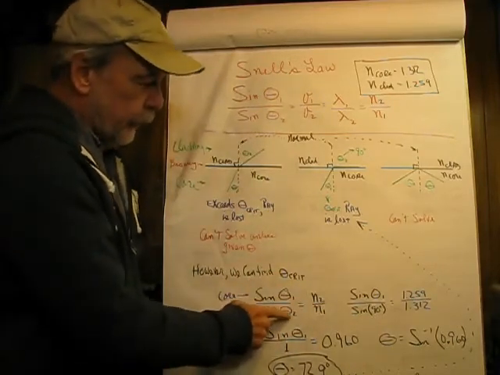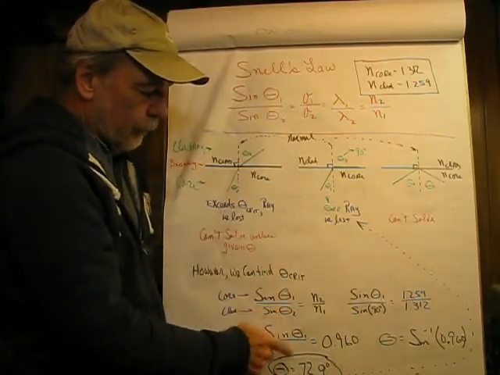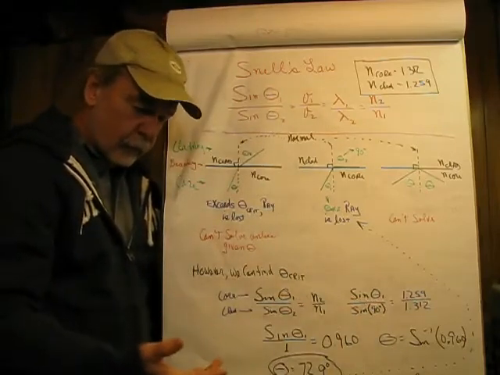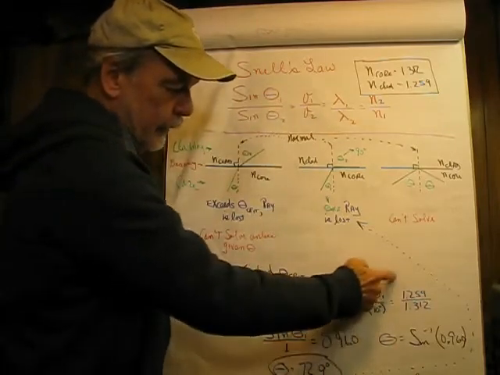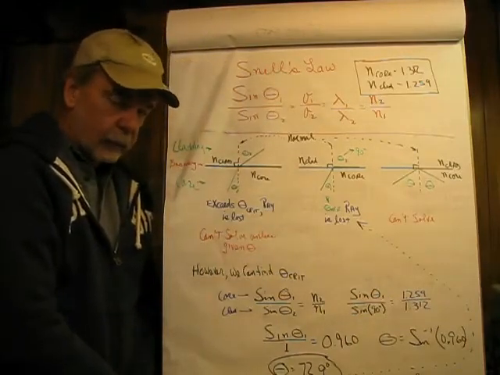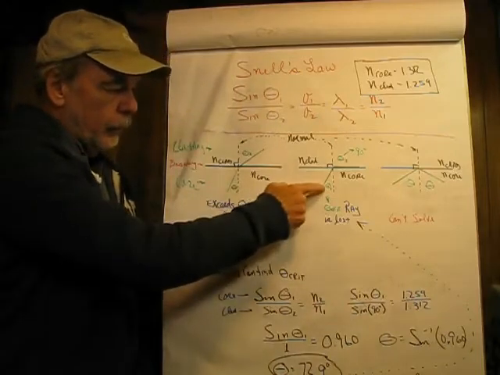Since I know that angle 2 is 90 degrees, I can take the sine of 90 degrees in Snell's equation, divide out the two refractive indexes, and have only one variable, which is the angle.